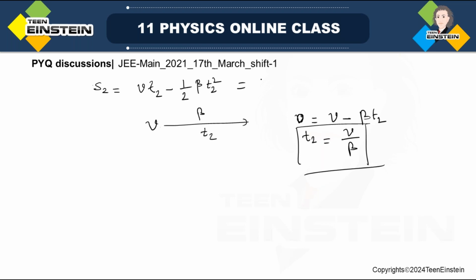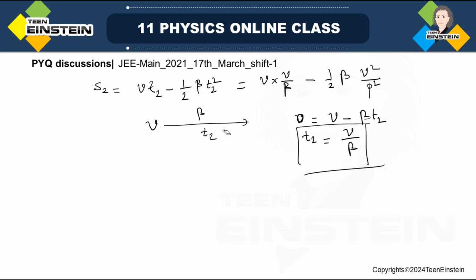Okay, so t2 is v by beta. So s2 is v times t2 minus a half beta t2 square, that is v square by beta minus half beta times v square by beta square.